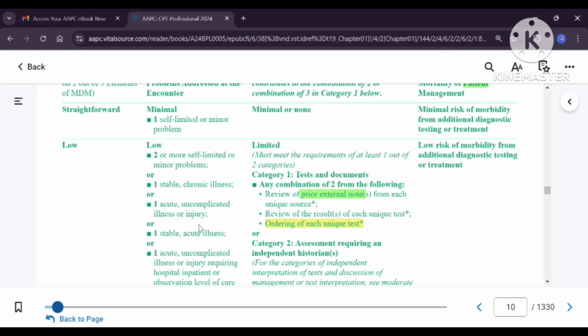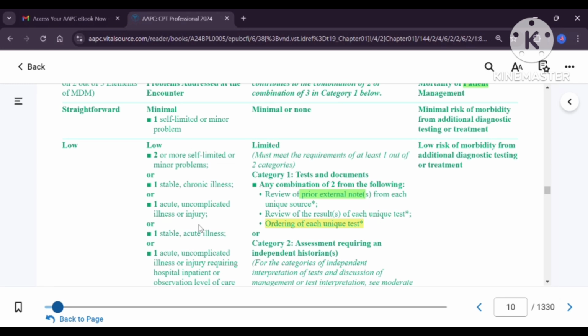Or it should be 1 stable acute illness. Means there is some disease, within a short term it has developed and it is stable, it's not getting worsened. For example, my patient is having fever for the past 3 days, but no other symptoms. He's perfectly all right. So the disease is not getting worsened. It is under control. It started suddenly and it is there for a short time.